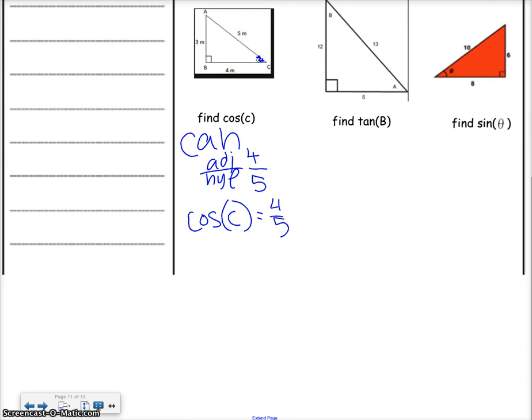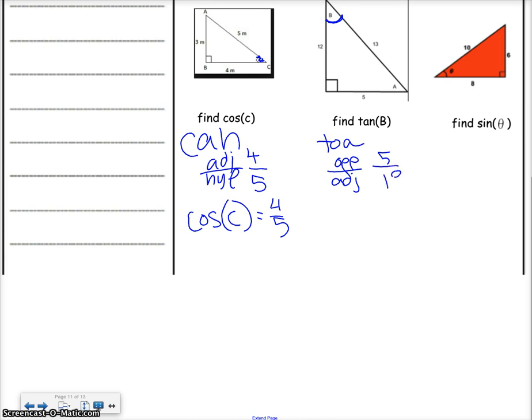Tan of B. So I'm going to find B. B is right up here. Tan, TOA. So I like to write what it means, TOA. So it means I'm going to go opposite over adjacent. Opposite of B is what? 5. Yep. So here's B. Opposite is 5. And what's the hypotenuse? 13.